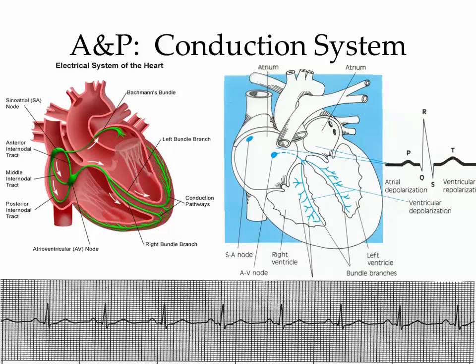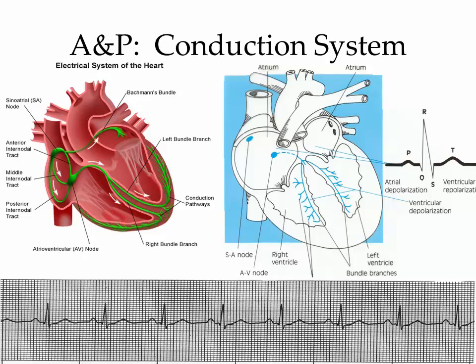Now I just have two separate pictures here of the conduction system. Most of you probably remember from A&P that the stimulation for the heart muscle to contract is an electrical current.